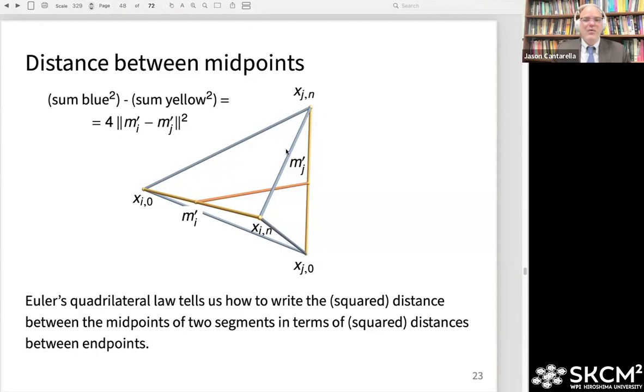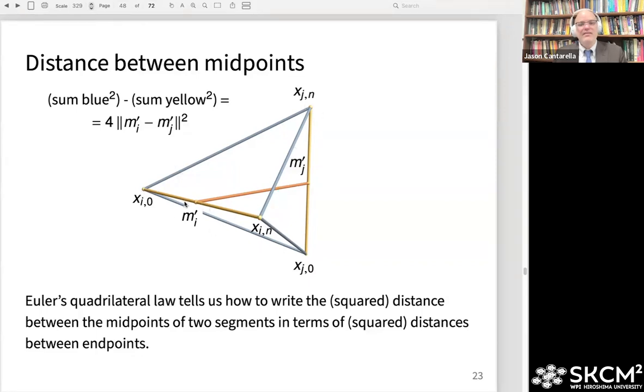So these are these four blue distances here. And it turns out that the sum of the squares of the blue distances minus the sum of the squares of the yellow distances is equal to 4 times the square of the midpoint distance. All right, so midpoint distances can be written in terms of junction distances.